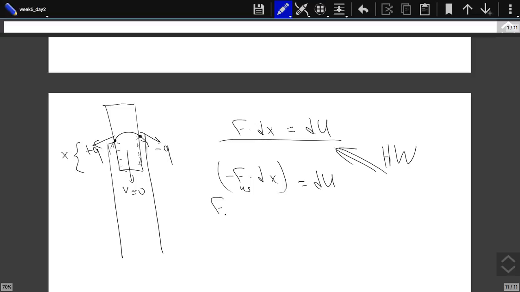But F us, the force that we are exerting, is equal to minus F capacitor, the force that the capacitor is exerting. So this is what we have. The work done by the capacitor itself is equal to the change in the potential energy.